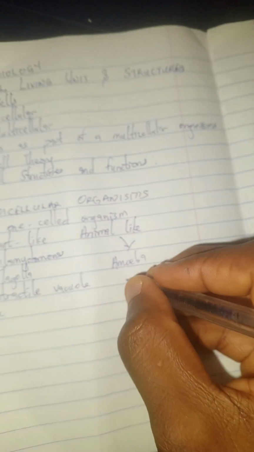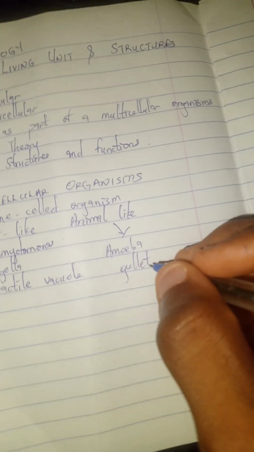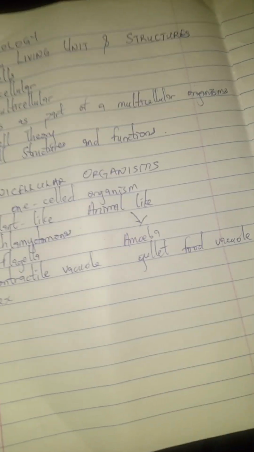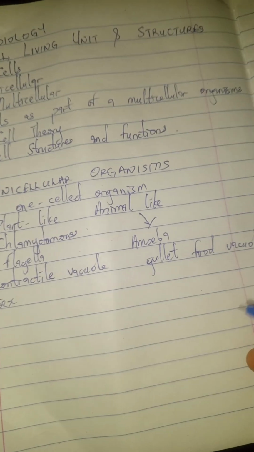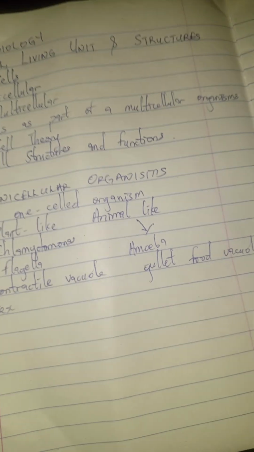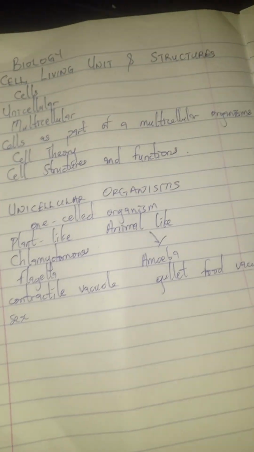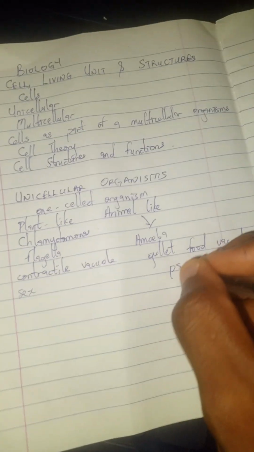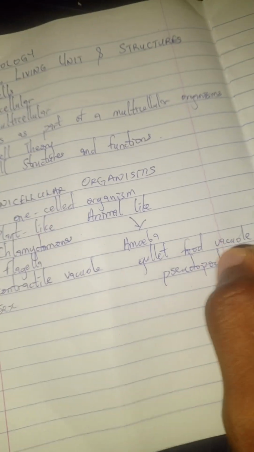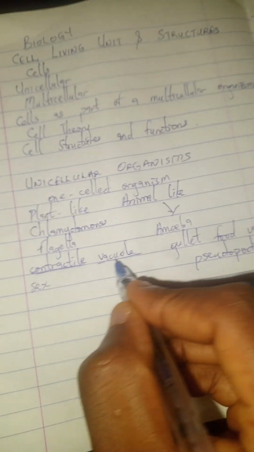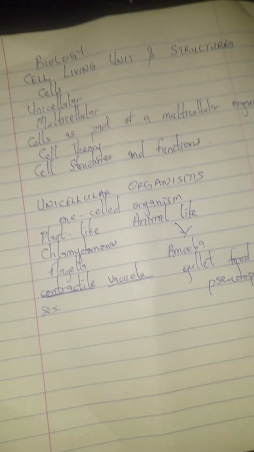So it has the gullet for taking in food, and also has what we call the food vacuole, where the food is digested. Since amoeba are heterotrophs, we also say that amoeba makes use of pseudopodia for movement, and it also makes use of contractile vacuole to get rid of excess water that enters into the cell through the surroundings.